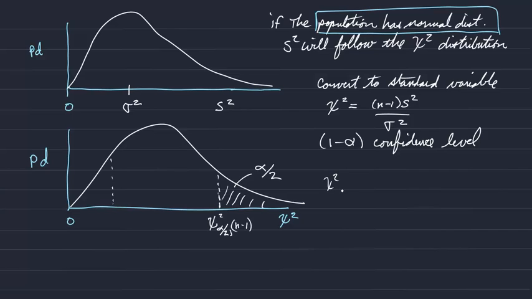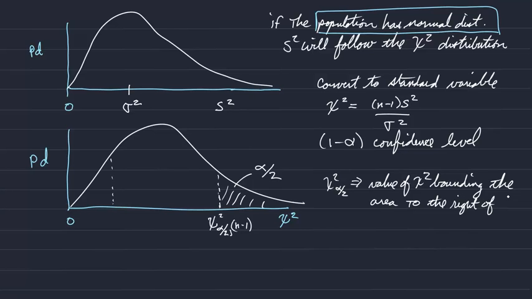Chi-squared alpha over 2 is the value of chi-squared bounding the area to the right, and the area to the right is alpha over 2.